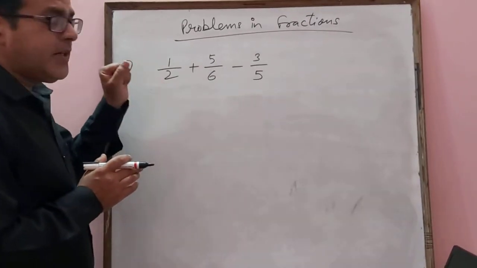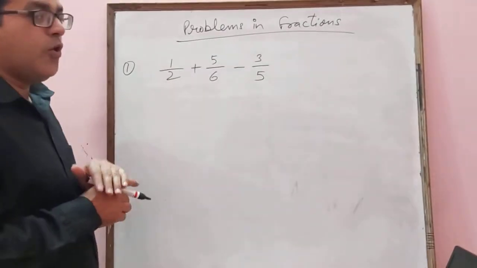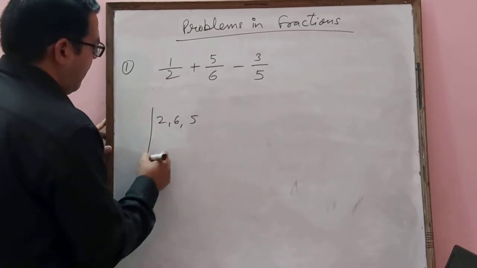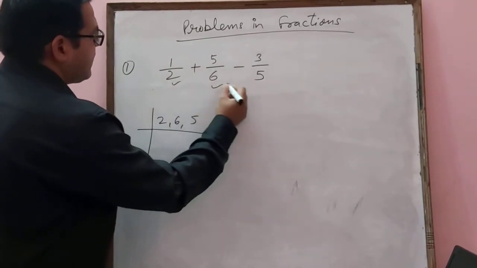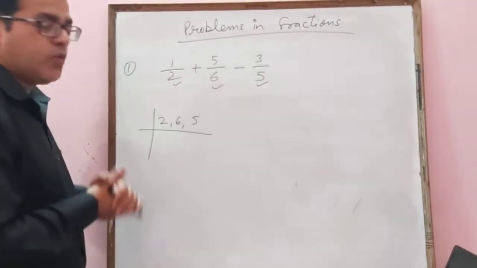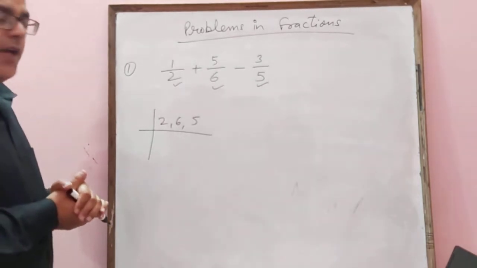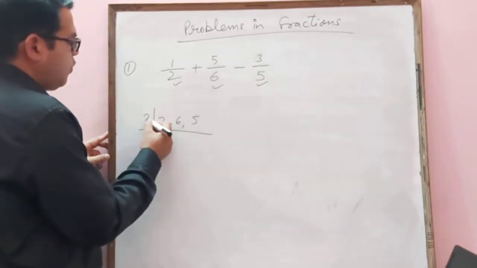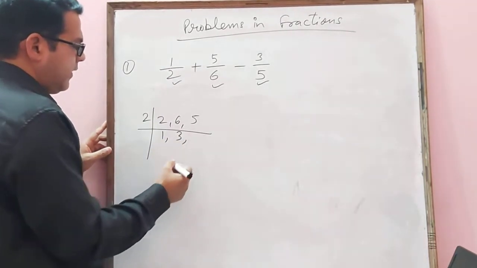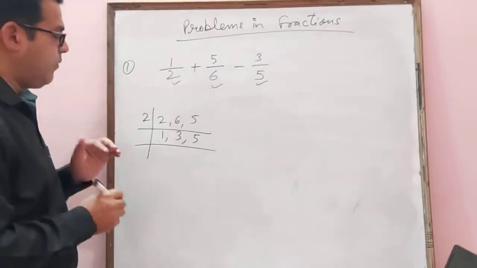So how can we make denominators the same? By taking the LCM of the denominators. So 2, 6 and 5. These are the denominators. First we need to take the LCM. You can use any method to find the LCM. By 2 we can divide all the terms: 2 1s are 2, 2 3s are 6, and 5 we can't divide by 2, so we write 5 as it is.